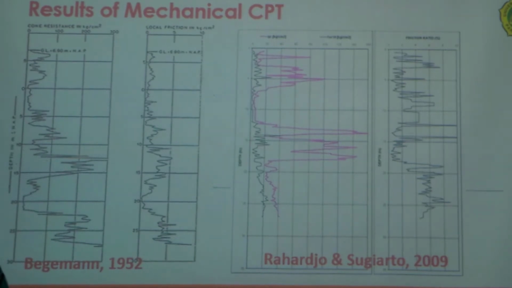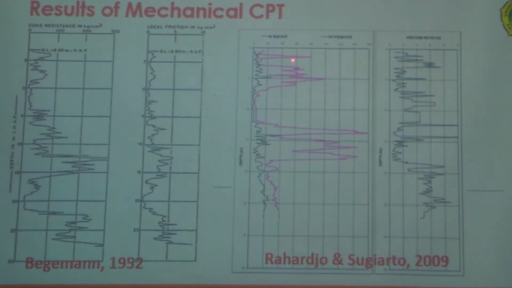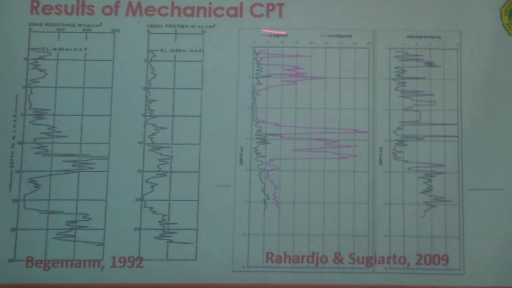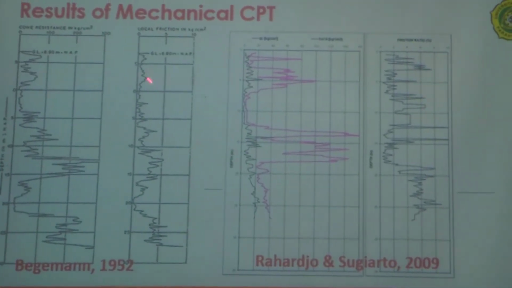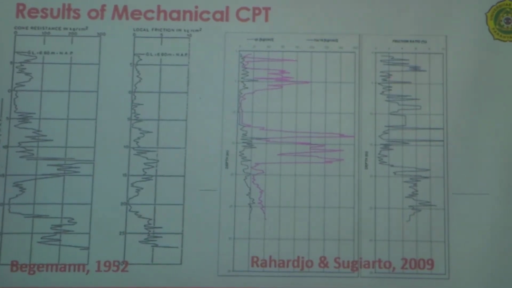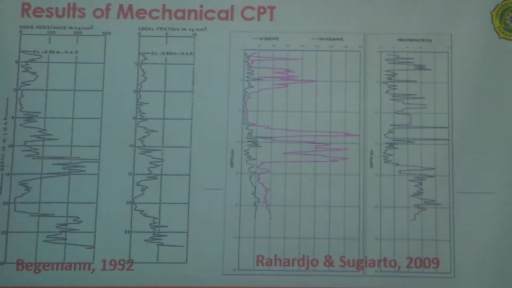But the ratio is the thing. When you see in sand, this is sand, this is medium sand. What you see, this is what we call friction ratio. What is friction ratio? Local friction divided by tip resistance. This divided by this. In sand, the friction ratio is less than 2%.